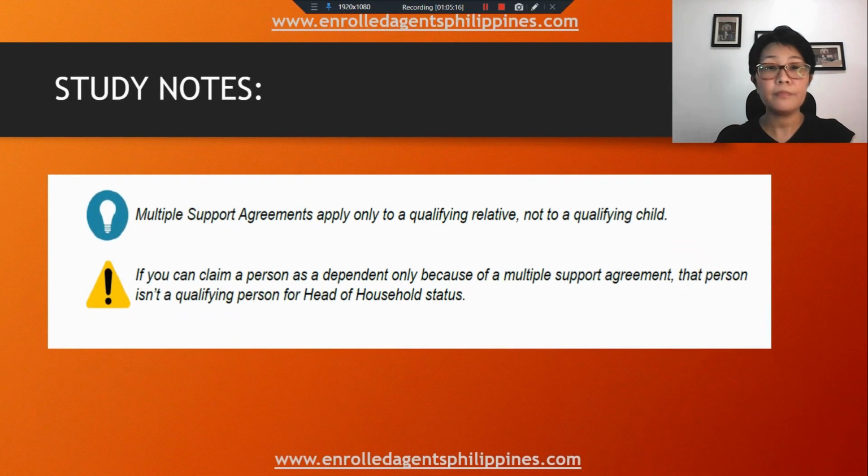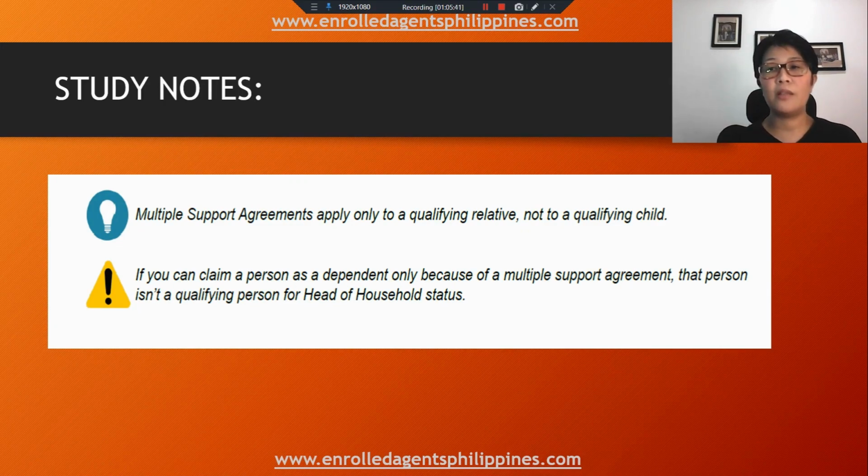So, signed Form 2120. Note: multiple support agreements apply only to qualifying relative. Wala yan sa qualifying child. If you can claim a person as a dependent only because of multiple support agreement, that person isn't a qualifying person for head of household status.